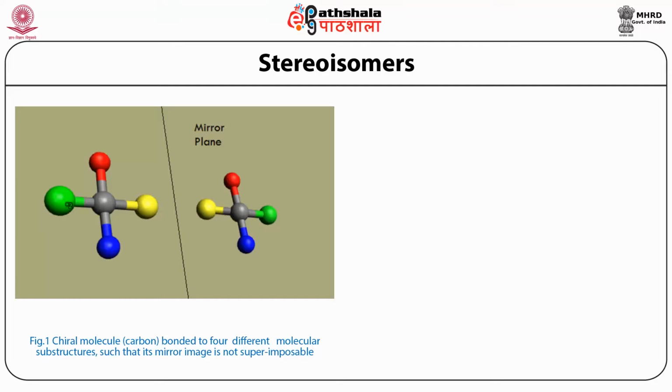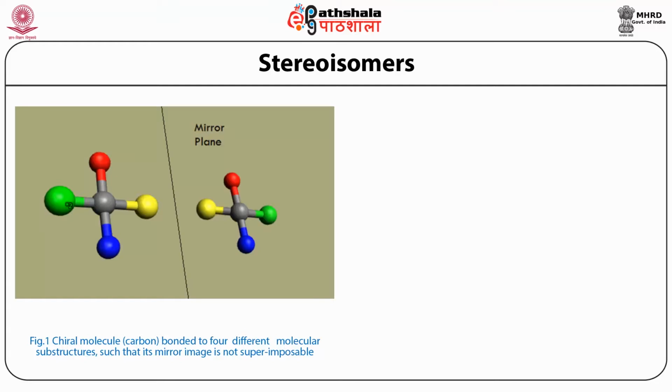Here, the molecule is glyceraldehyde, which has 4 different groups attached at the center carbon atom, and they are mirror images of each other. That's why they are stereoisomers and enantiomers of each other.